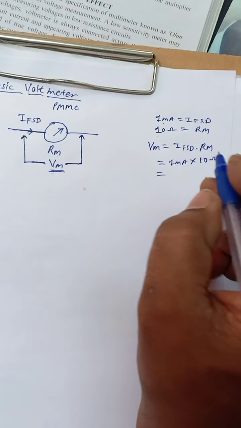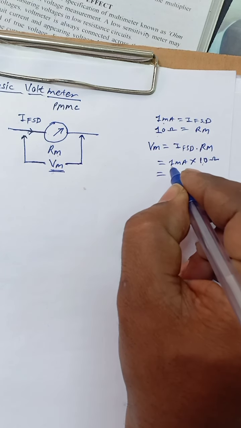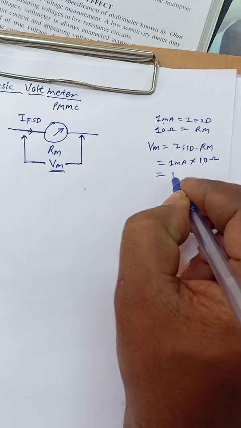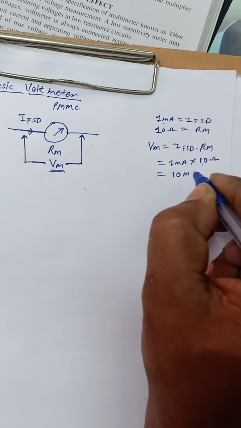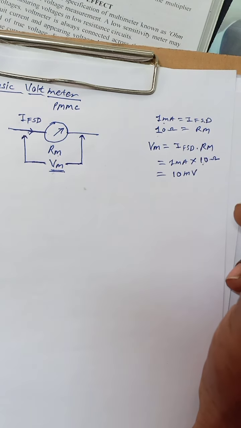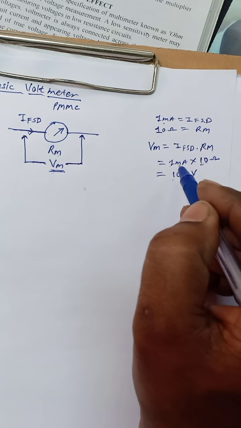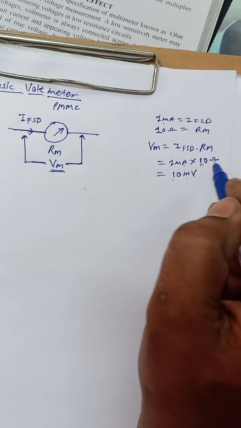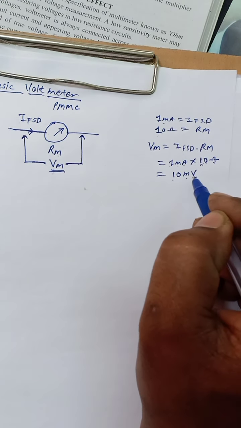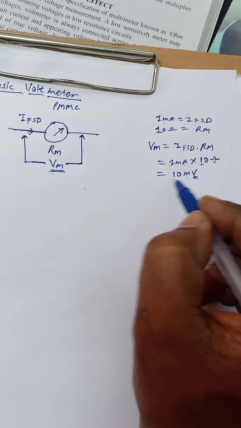So 10 into 1 is 10, so it is 10 millivolt. Ampere into ohm, the unit becomes volt because V is equal to IR. So it becomes 10 millivolt.